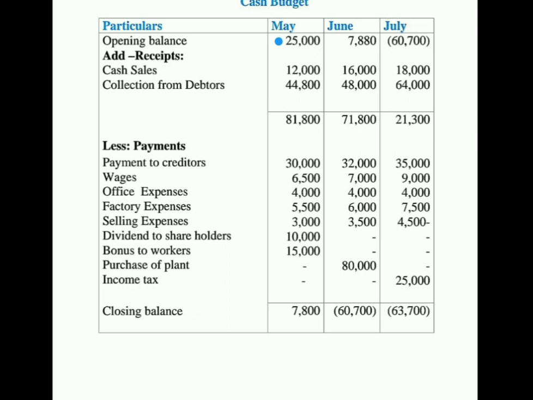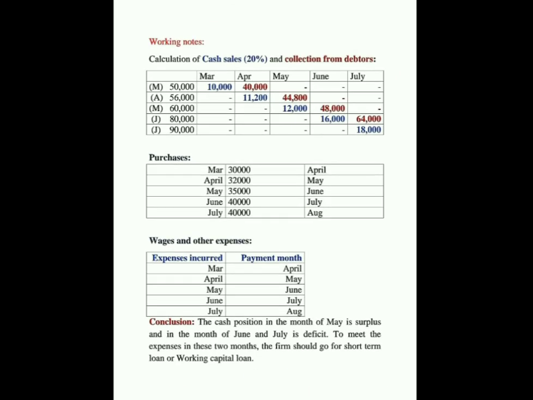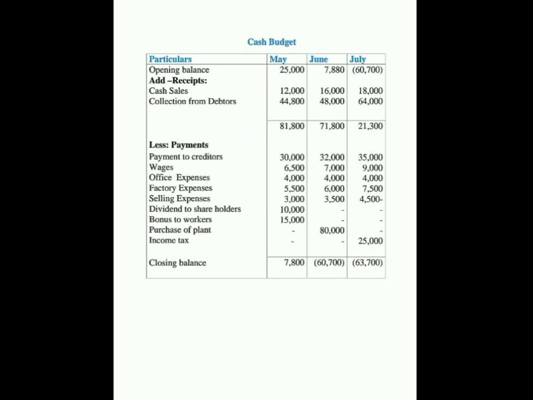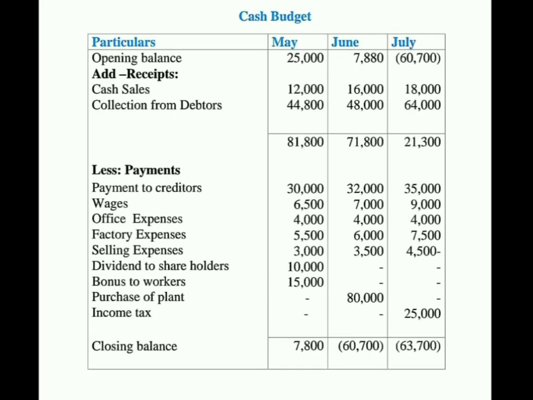So here from the working notes, take cash sales for the month of May 12,000, June 16,000, July 18,000.